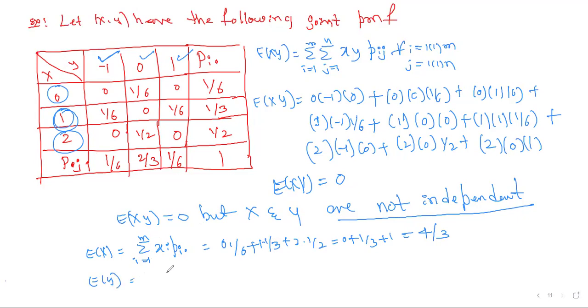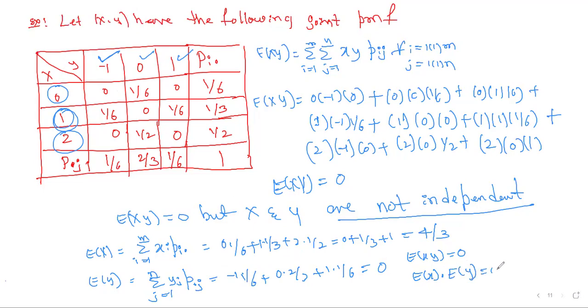Next, expected value of Y, summation j running from 1 to n, y_j p dot j, that is minus 1 into 1 by 6 plus 0 into 2 by 3 plus 1 into 1 by 6. This is 0, right? So here expected value of XY is also 0. Expected value of X into expected value of Y equal to 0. Hence we say that expected value of XY is equal to expected value of X into expected value of Y.